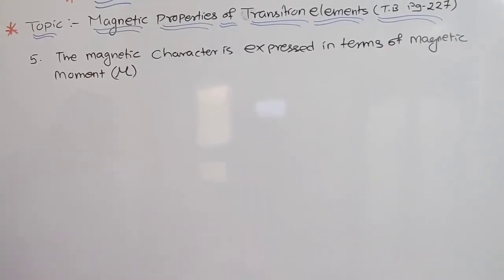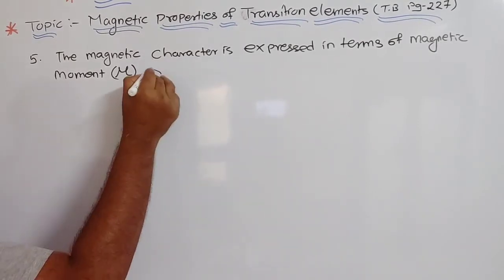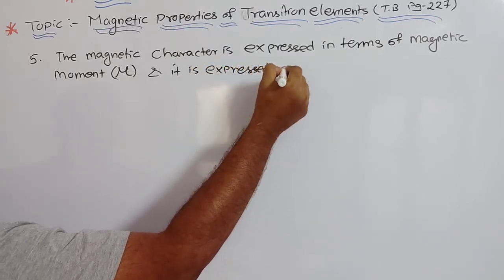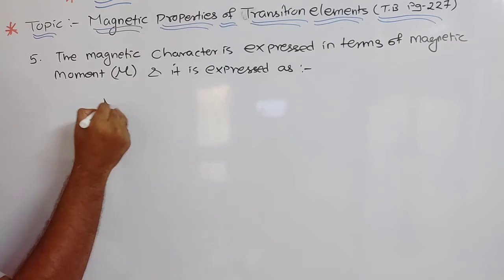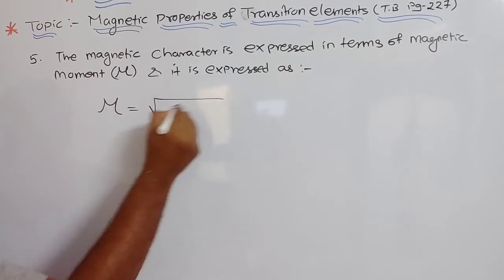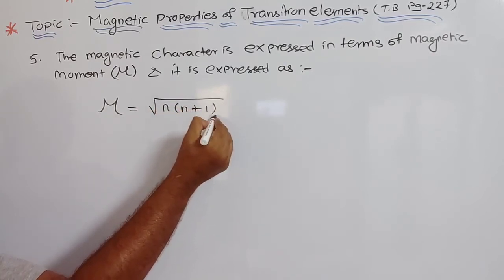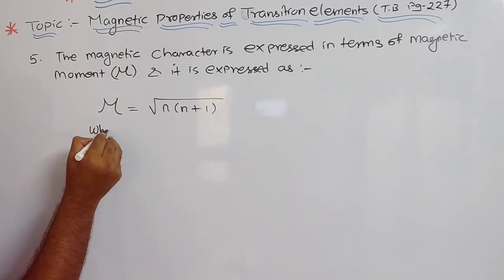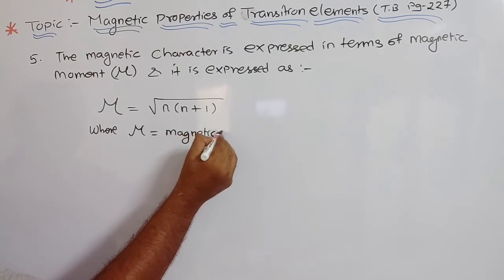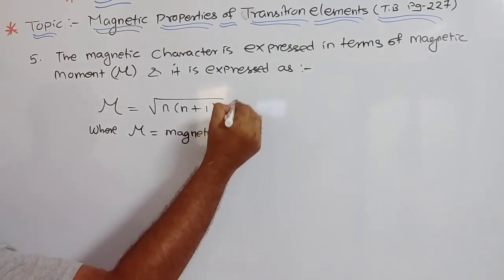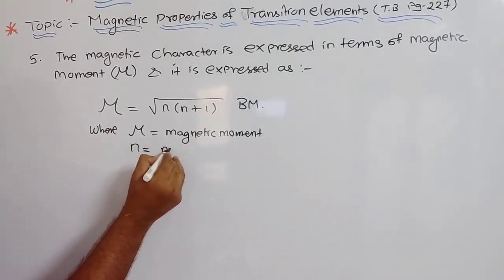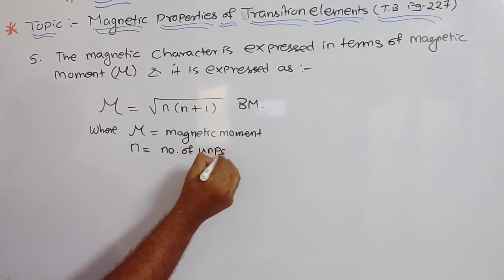It is expressed as mu equal to root of n into n plus 1, where mu is the magnetic moment. The unit is Bohr magneton. n is equal to the number of unpaired electrons.